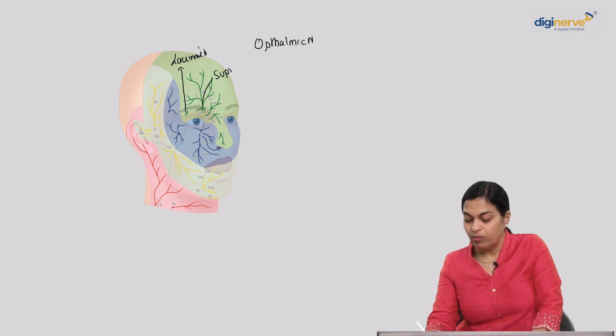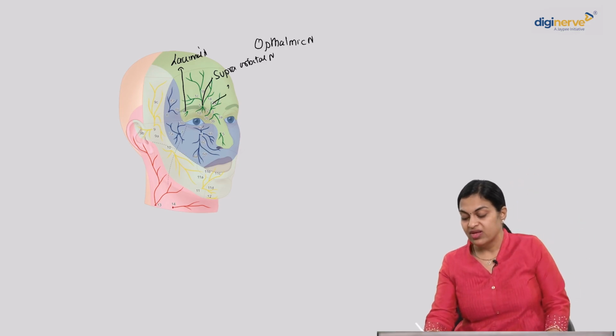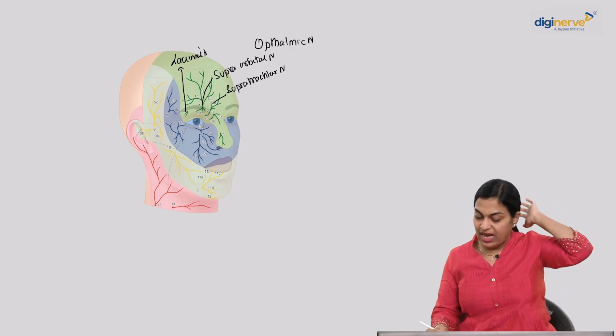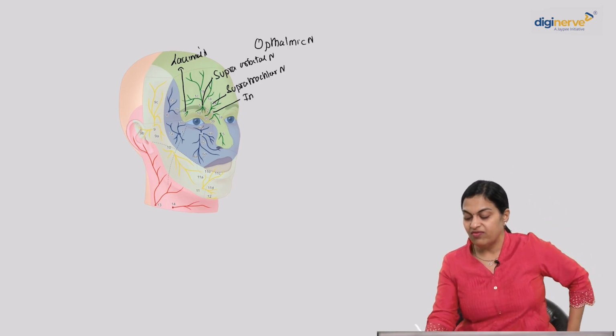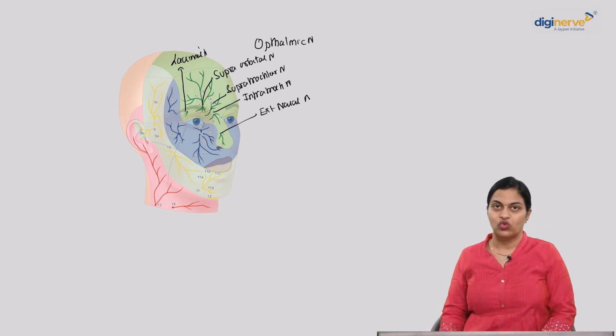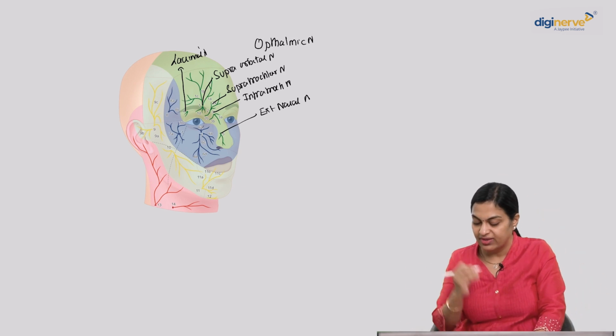This is the supraorbital nerve, forehead and scalp up to the vertex. This is the supratrochlear nerve, which is more medial, the middle of the forehead and scalp. This is the infratrochlear nerve. And this is the external nasal nerve going all the way to the tip of the nose. So that is the territory of the ophthalmic division of the trigeminal nerve.